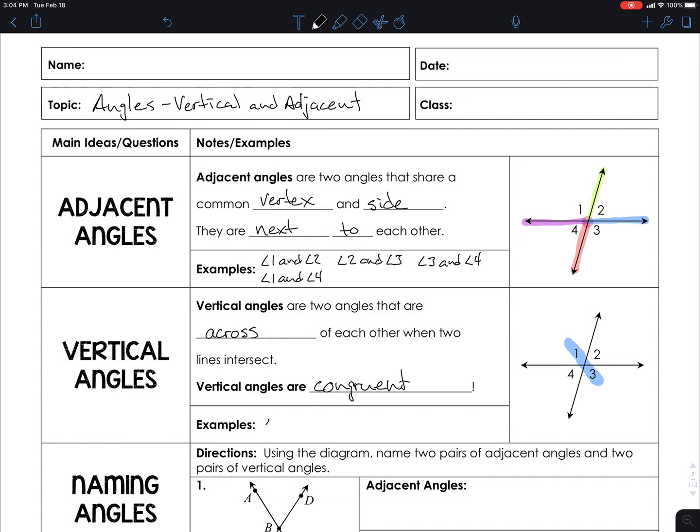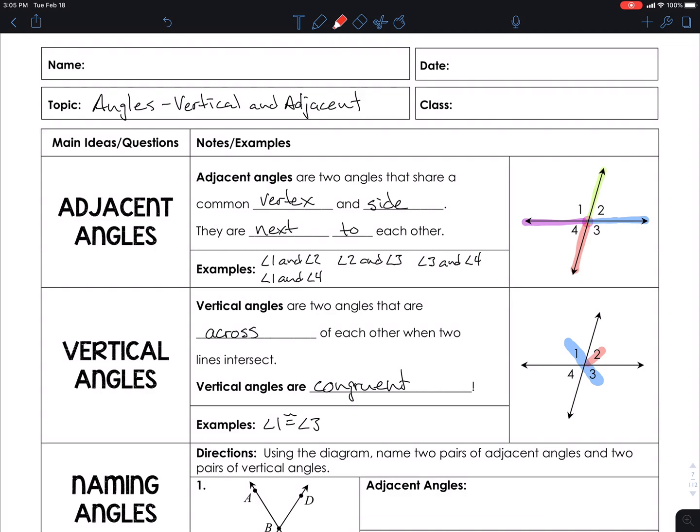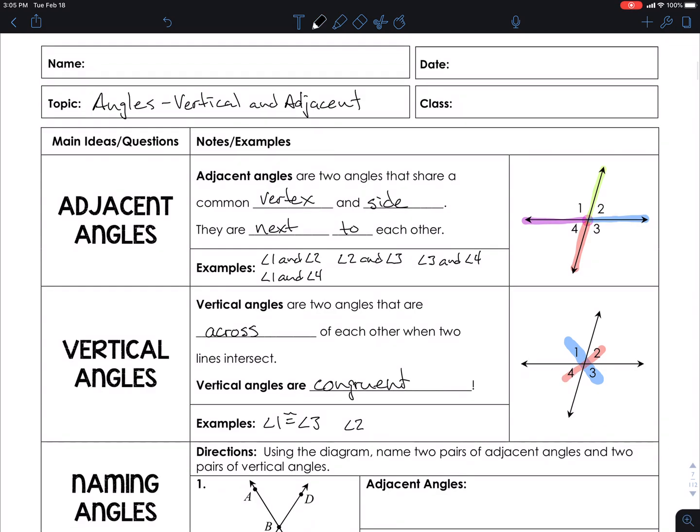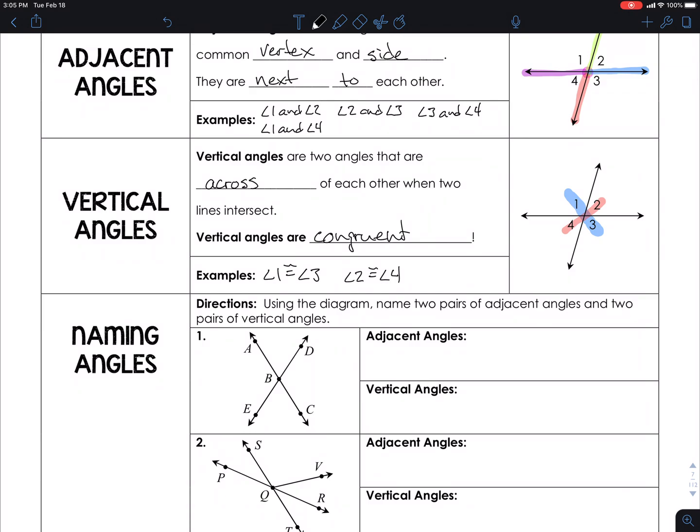So angle 1 is congruent to angle 3. What else do we have? Well, 2 and 4 are across from each other. So angle 2 is congruent to angle 4. There are no other angles across from each other. So that's it. We're done with those two. When there are two lines crossed, there are two sets of vertical angles. They're across from each other.